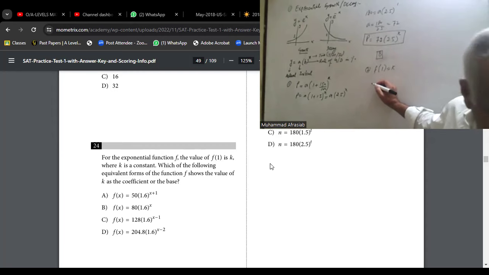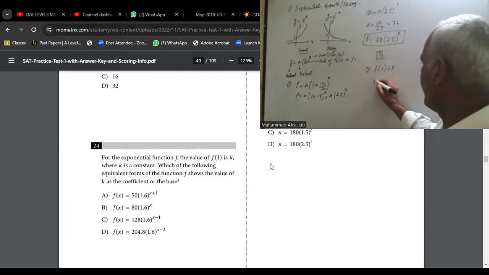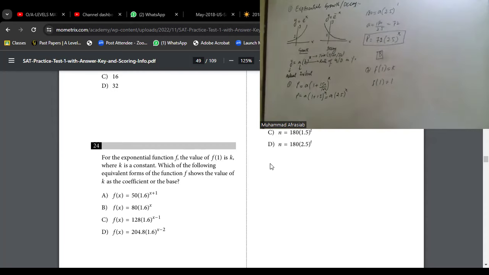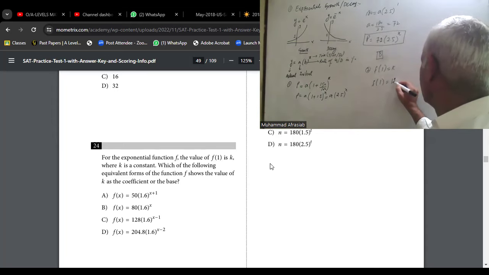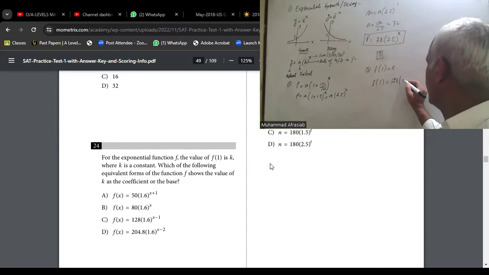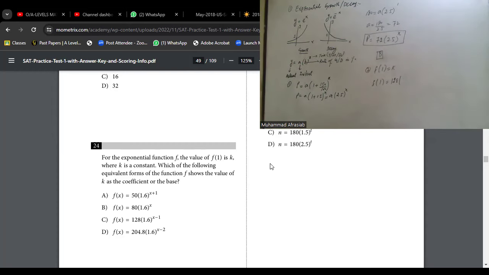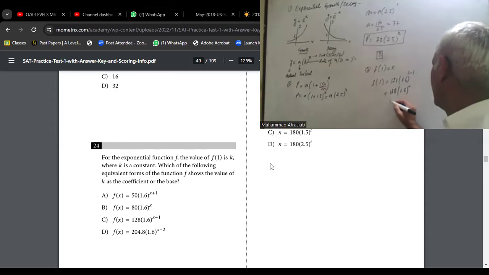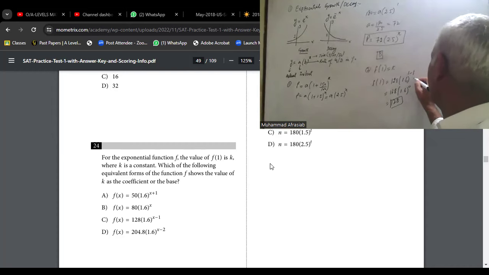So f of 1 is equal to 128 into 1.6 power 1 minus 1, which is equal to 128 times 1.6 power 0, and that is 1, so 128 is the coefficient of this function as already given in this equation.